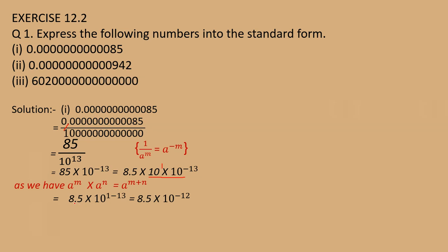By using this law, 8.5 into 10 raised to the power 1 minus 13, we get 1 minus 13 is minus 12. So we can say the number 0.000000000000085 is equal to 8.5 into 10 raised to the power minus 12.